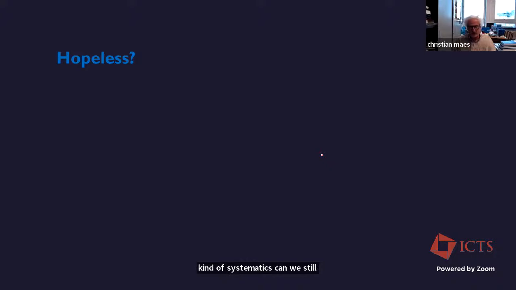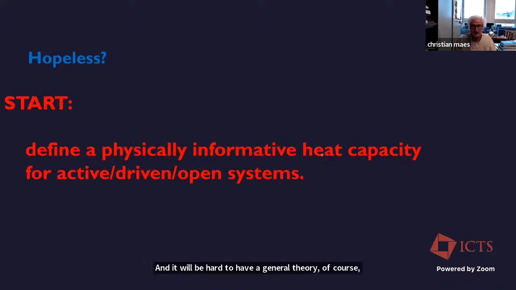Non-equilibrium phenomena are extremely wide and varied, and it will be hard to have a general theory, of course, for them. But nevertheless, we can try to do something for classes of systems, very simplified models of systems.